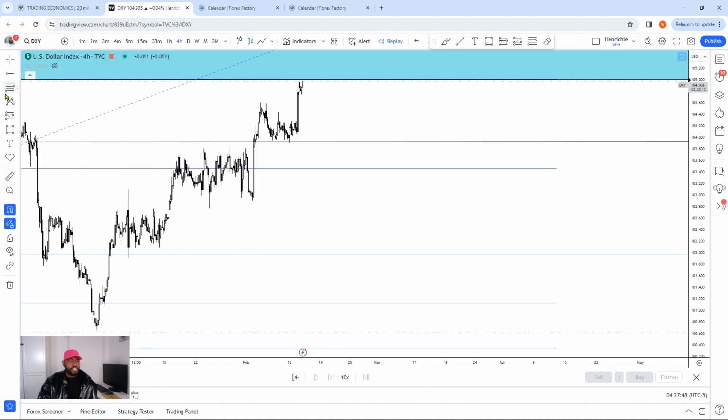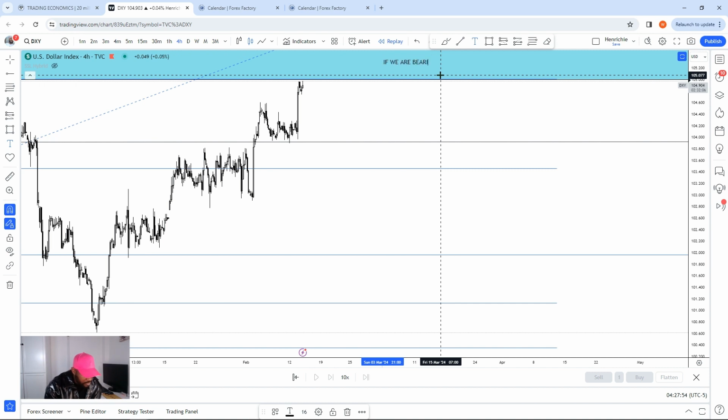And then on the charts, if we are bearish, we want to see a 15 minutes break of structure.